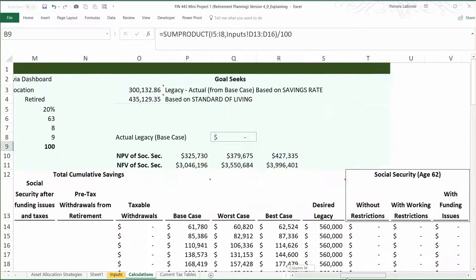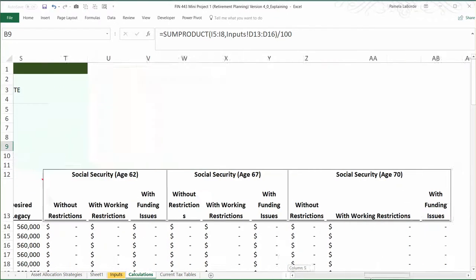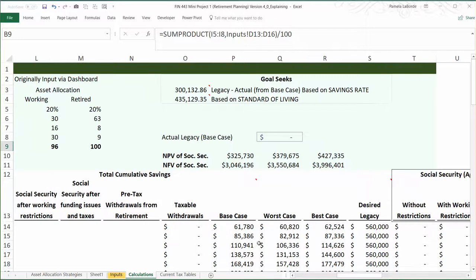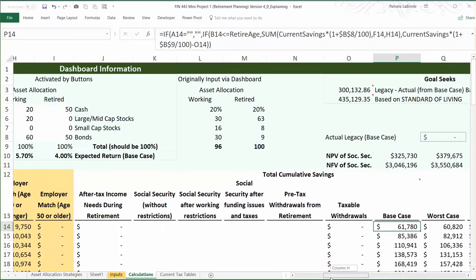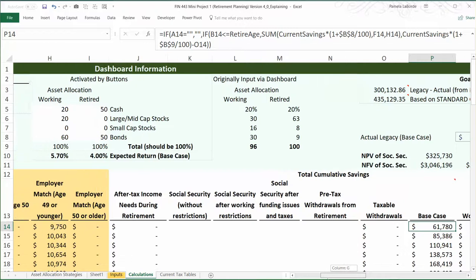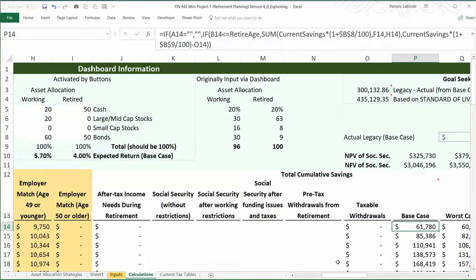So, let's pop back over to my base case numbers, and I'm going to scoot this over a little bit. Okay, so if the client is dead, put nothing.